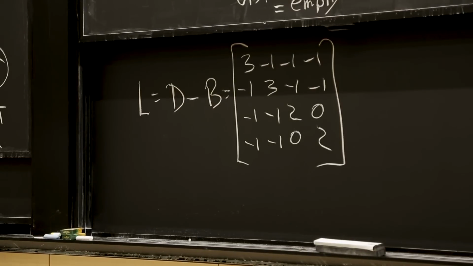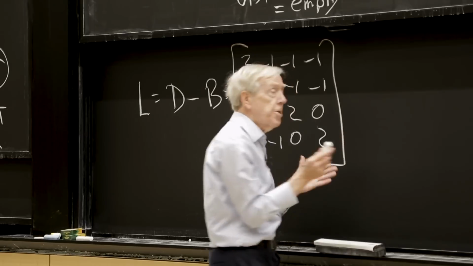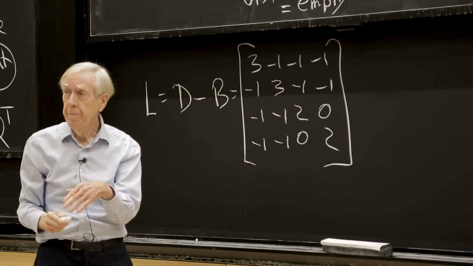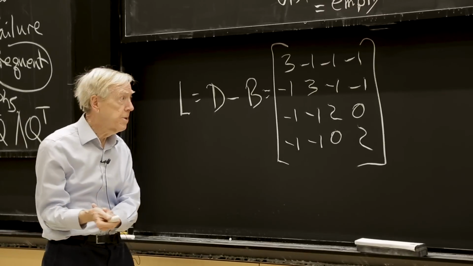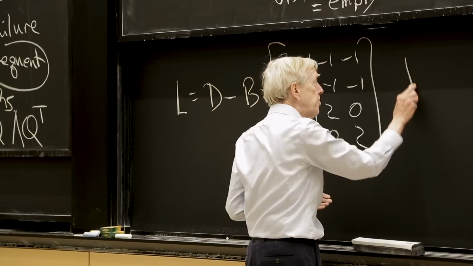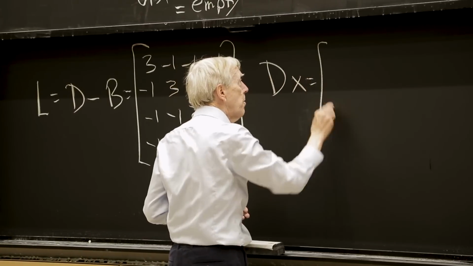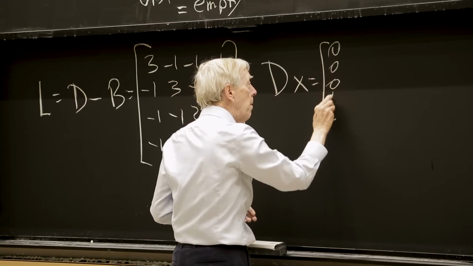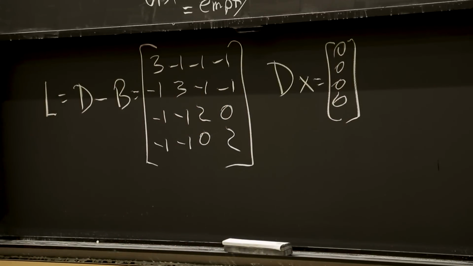Is it a positive definite matrix? So let me ask, is it singular or is it not singular? Is there a vector in its null space or is there not a vector in its null space? Can you solve Lx equals all zeros? And of course you can.